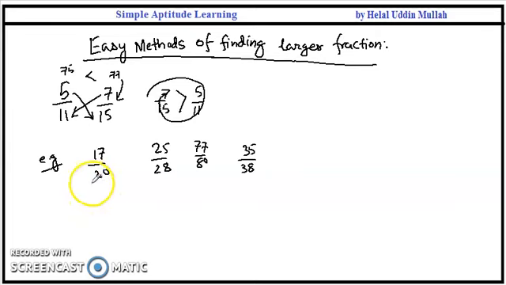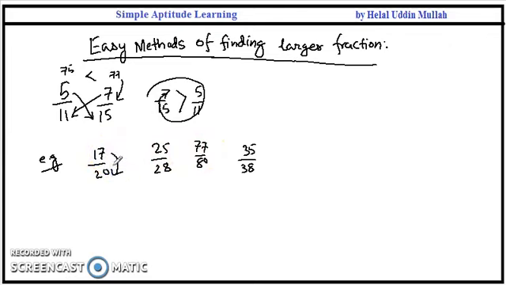So we have to find a shortcut trick for getting the correct order here. If you want to arrange the fractions in ascending or descending order, you will need to find the smallest and greatest fractions first.